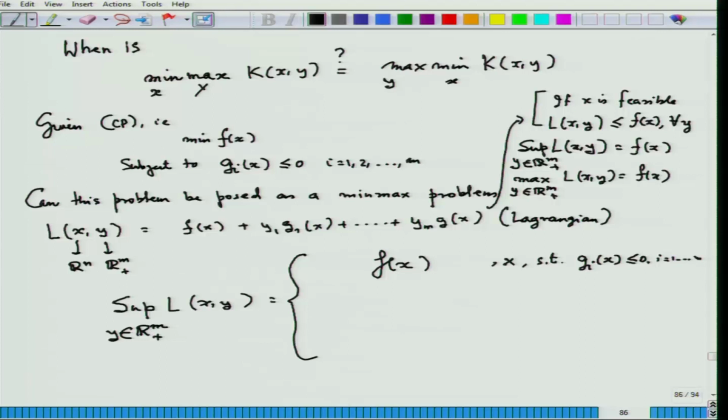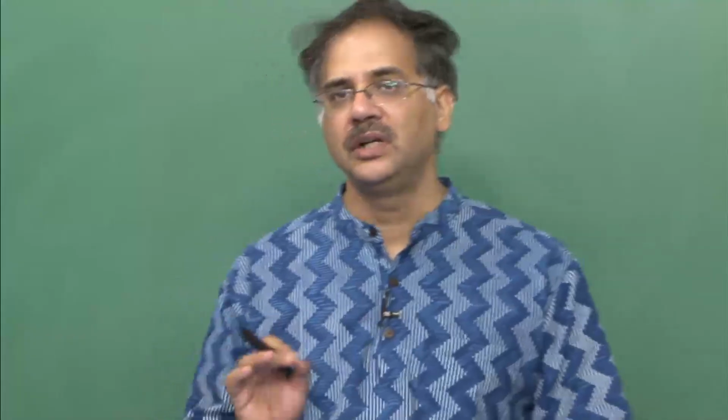And now, suppose x is not feasible. There can be only two cases: x is feasible or x is not feasible. If x is not feasible, then among the 1, 2, 3, ..., m constraints there must be some i such that g_i(x) is strictly greater than 0.